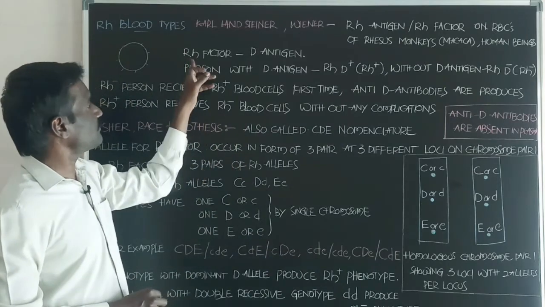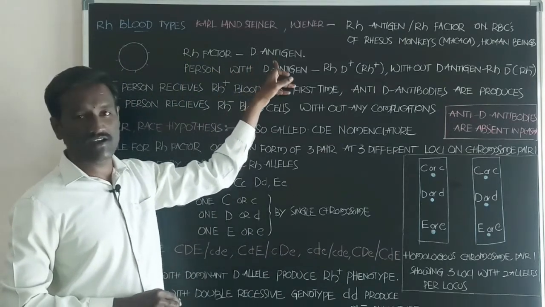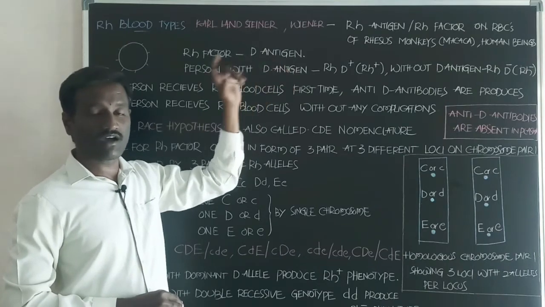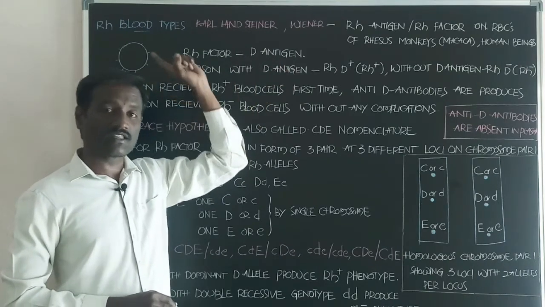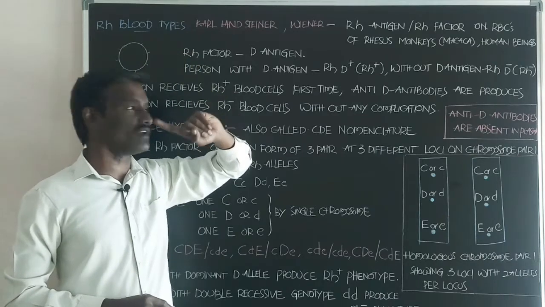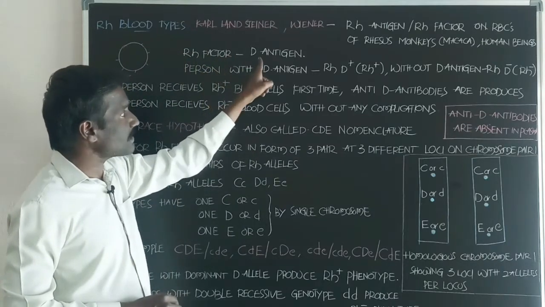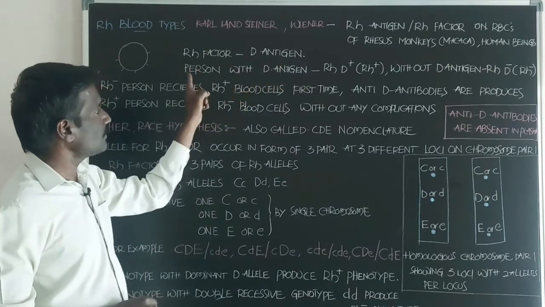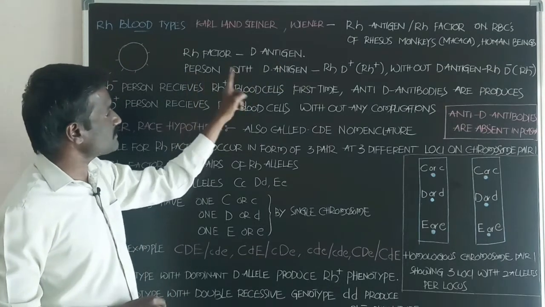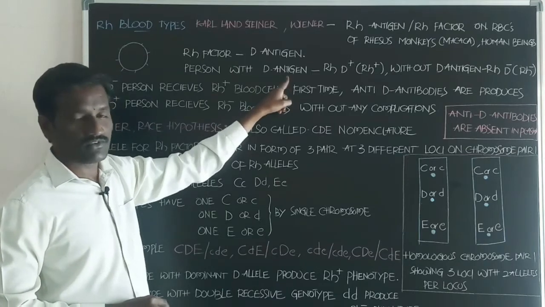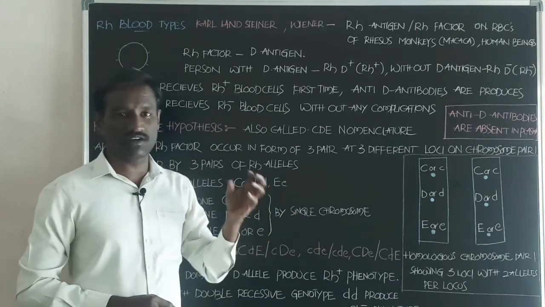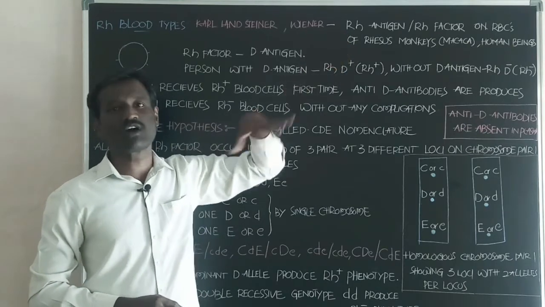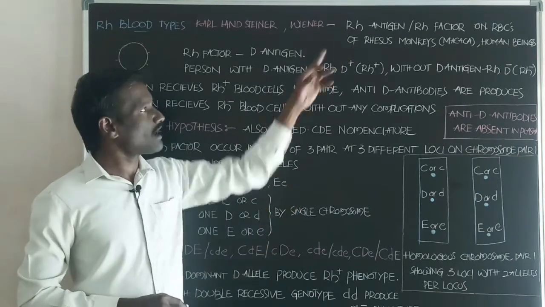Okay, RH factor is also called D antigen. Those are the blood group antigens, antigen A and antigen B, and this is the RH factor, also called D antigen. Okay, student, you can identify. Next, persons with D antigen. Not all persons show the RH antigen on the RBC; some amount of persons have the RH antigen.